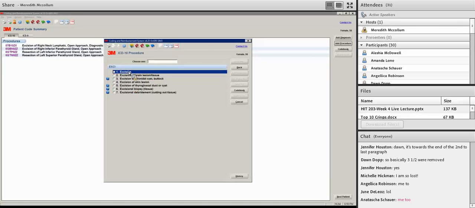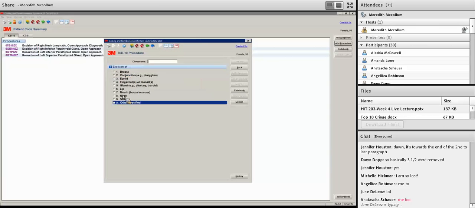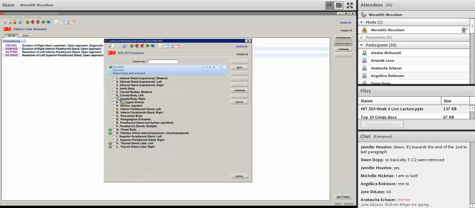So I need to do the left inferior also. That one was excised. That's other. It's going to be other. And again, this will be endocrine.